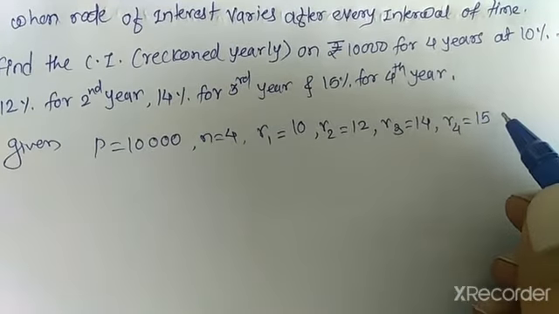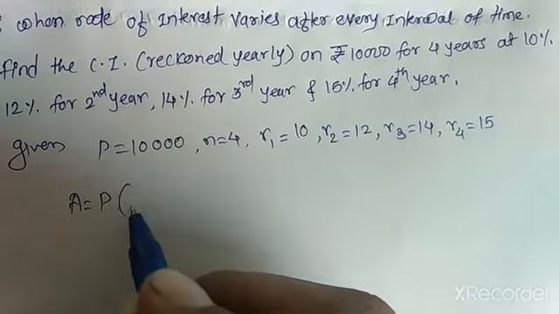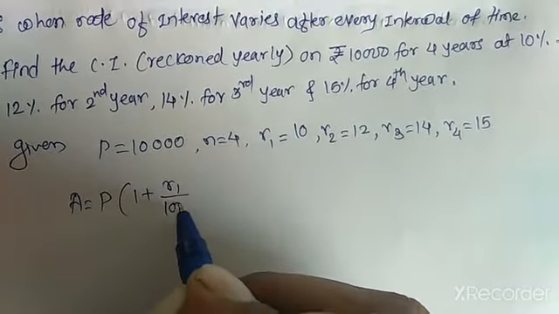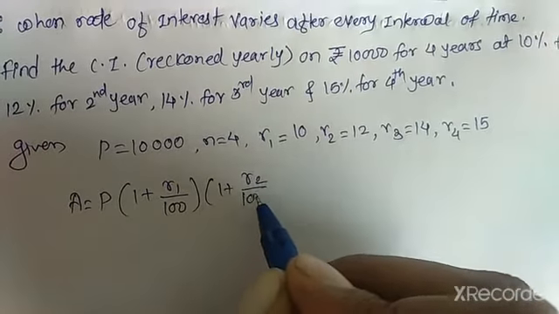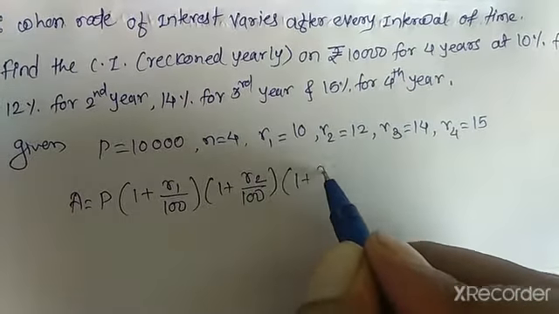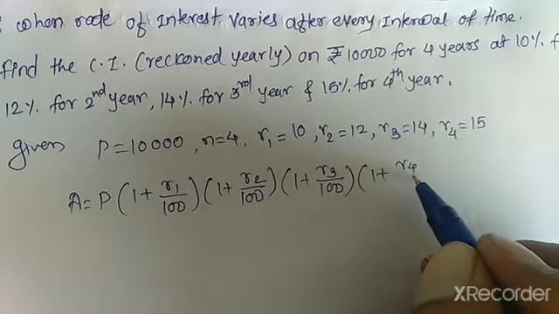Okay, so we have one formula: A is equal to P into (1 plus R1 upon 100) into (1 plus R2 upon 100) into (1 plus R3 upon 100) into (1 plus R4 upon 100).